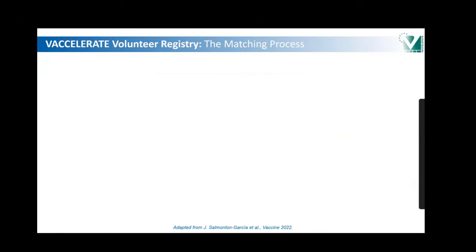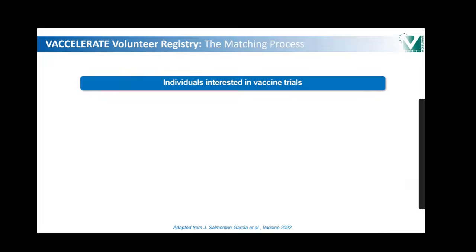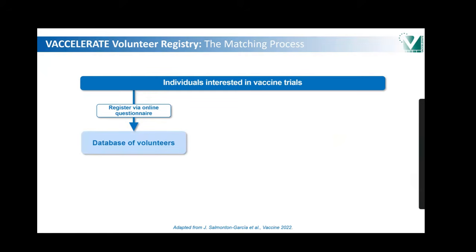So how such a volunteer registry works is that in the first place, we have individuals that are generally interested in vaccine trials. Everyone that becomes aware that there's a registry gets access to a database and can register via an online questionnaire, so that we get a pool of people that are generally interested in participating in a trial.